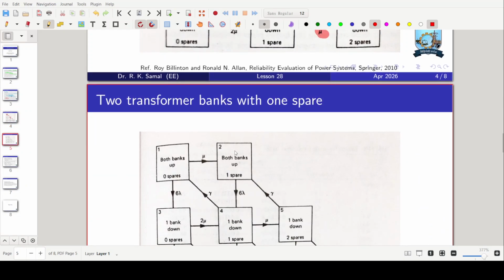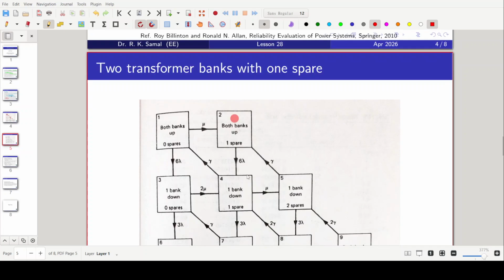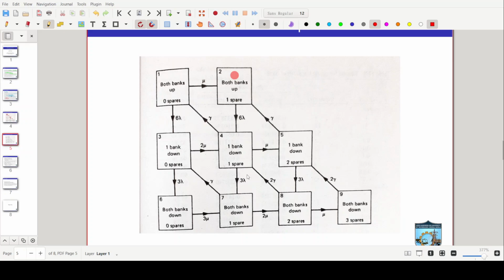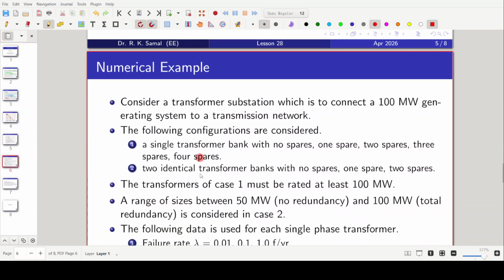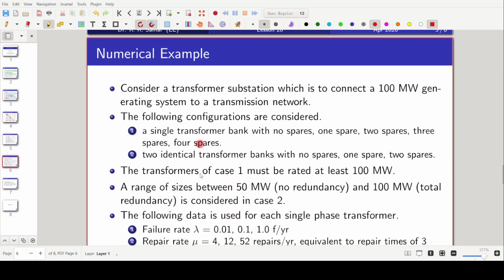Now here we have one spare. So this is the typical state space diagram, which you can find by considering each and every such state or possibility. Now we will try to understand by means of a numerical example. In the exam, only the theoretical aspects will be asked, so these examples are quite comprehensive.